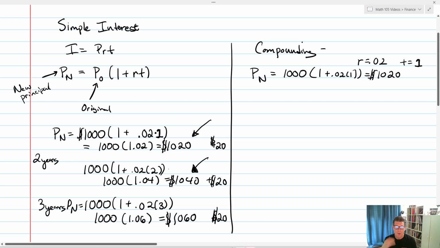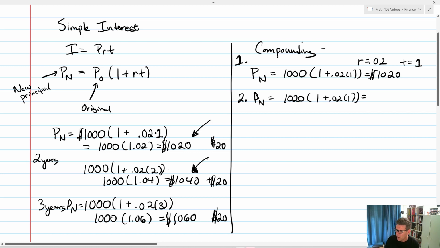But now I want to think, okay, for year 1 to 2, my principal is now 1,020. So I'm going to get my P new again, but now I'm going to have my principal be 1,020, and I'll multiply that times 1 plus 0.02 times 1, since we're still only doing 1 year, year 1 to year 2.